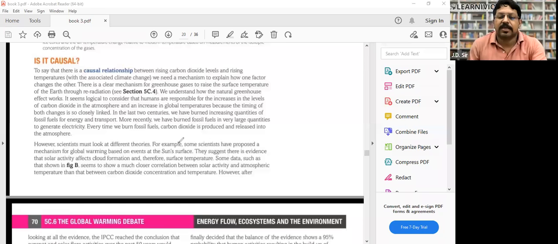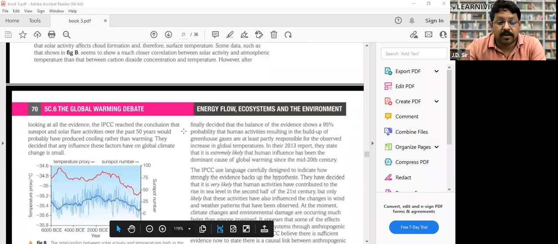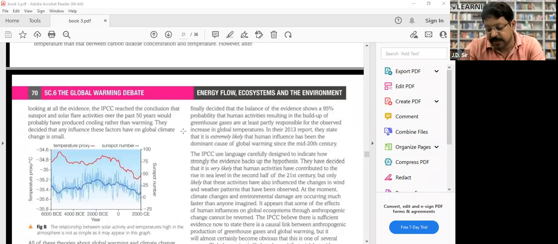Some of the scientists are denying this greenhouse effect concept, and that's what America is doing. Now America is saying that there is no global warming. First, they started saying there is global warming, there is a greenhouse gases effect, and all that.